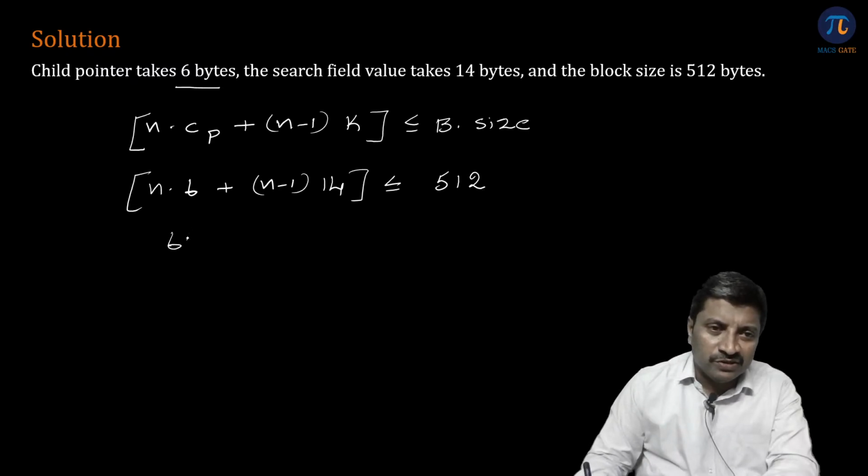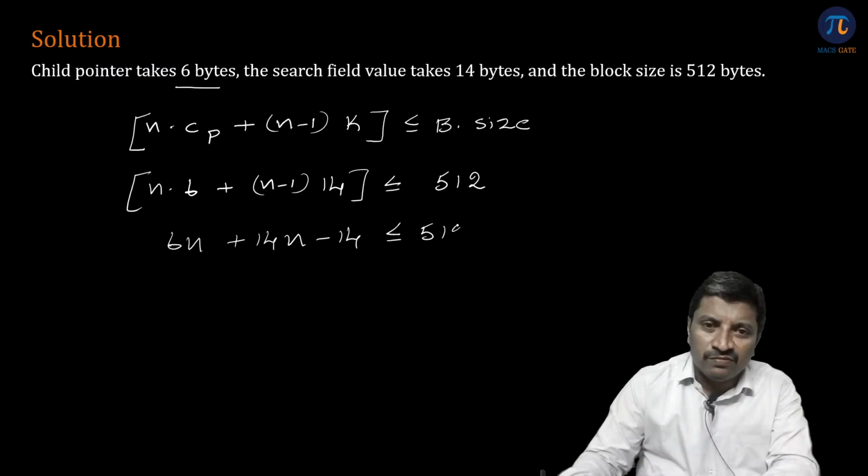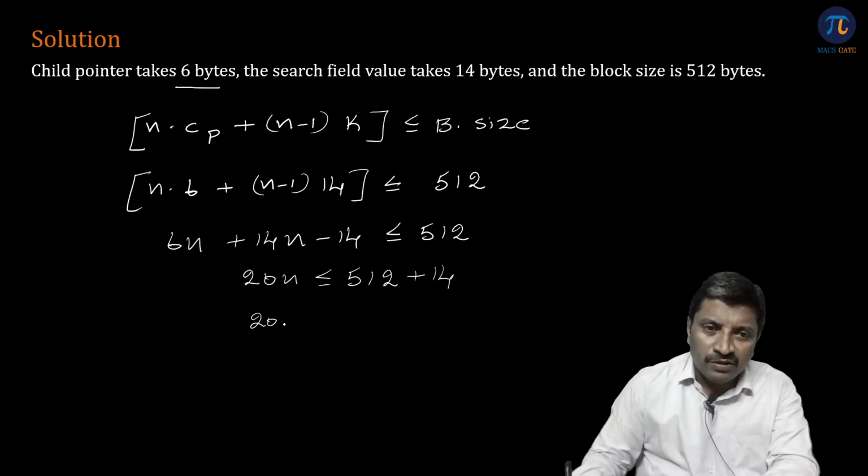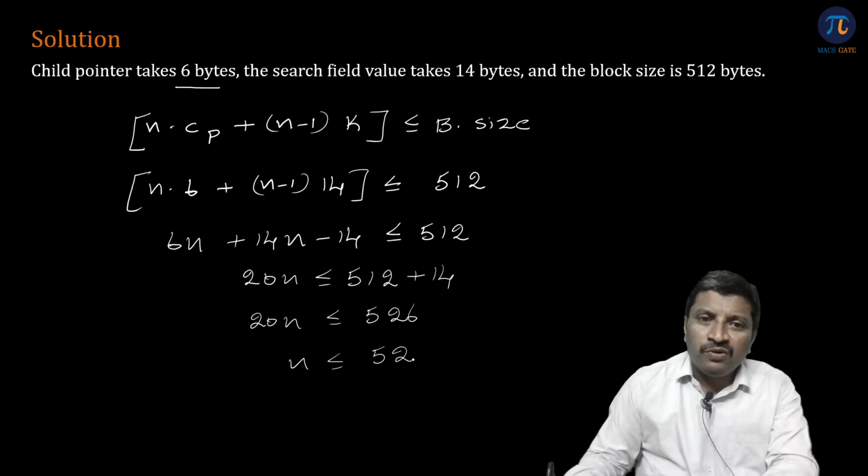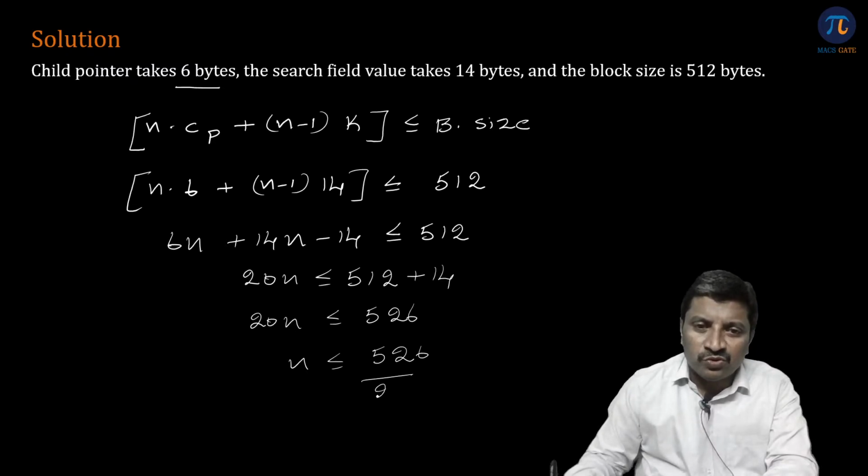So let us simplify it. 6n plus 14n minus 14 is less than or equal to 512. So 20n is less than or equal to 512 plus 14, that is 526. n is less than or equal to 526 divided by 20.